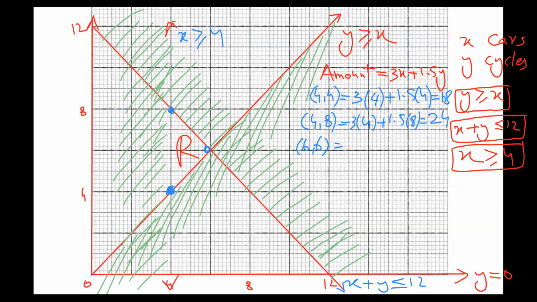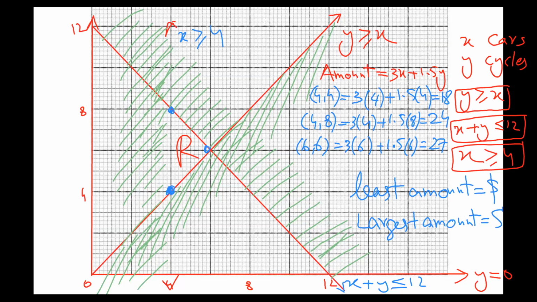Okay, and last, this 6 comes here and this 6 comes here. So 3 times 6 and 1.5 times 6. 3 times 6 is 18, plus 1.5 times 6 gives you $27. So let me write the least amount and the largest amount he could receive.